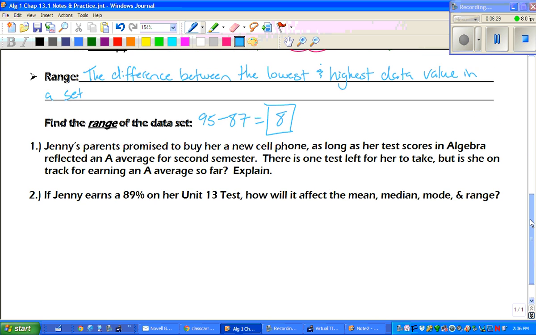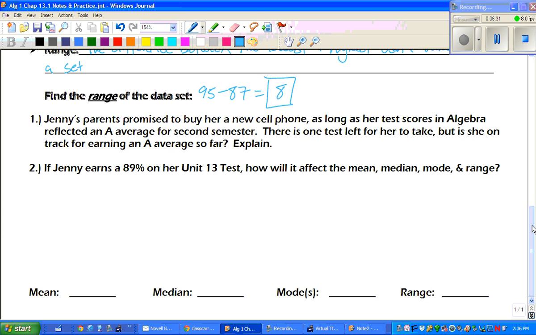Alright, so let's take a look at our problem now. Jenny's parents promised to buy her a new cell phone as long as her test scores in algebra reflected an A average for second semester. There's one test left to make it up, but is she on track for earning an A average? If so, explain. Okay, so right now, is she on track?